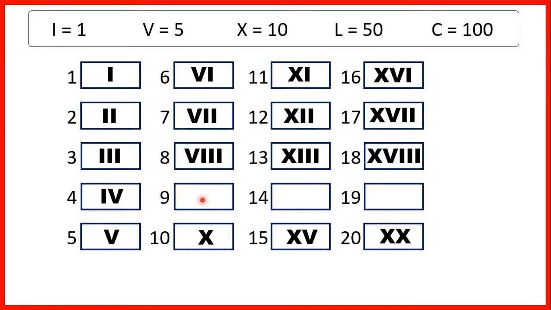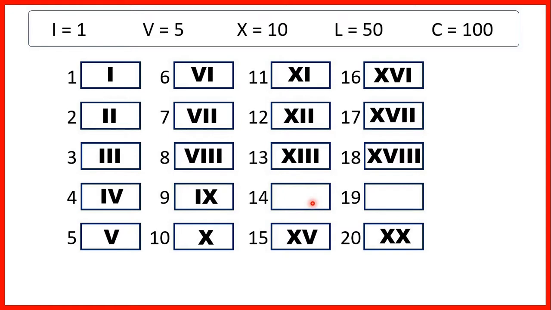Now for 9, they thought of that as being 1 before 10, so that's I before X. Remember, they couldn't write V and then 4 I's because they could only have 3 of the same letter next to each other. So for 9, they had to do 1 before 10.